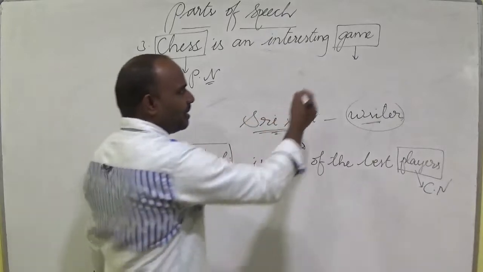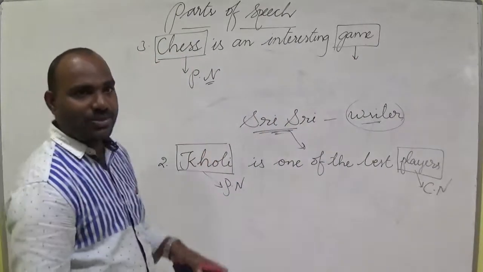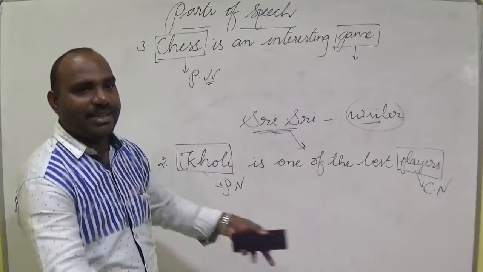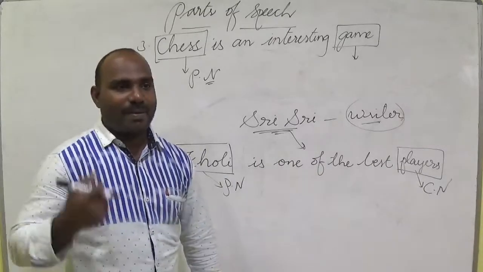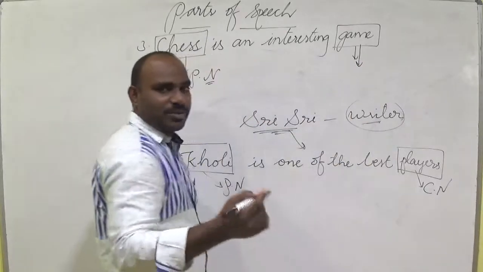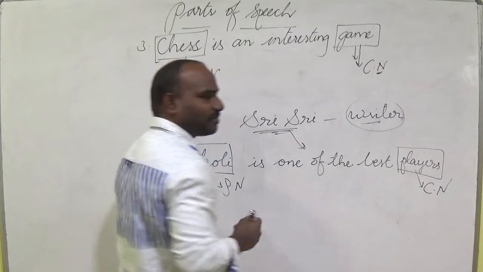And coming to this word game, you should not understand it like this: chess is the only game. You see, cricket is a game, chess is a game, carroms is a game, javelin throw, running. This is used in common for all the games and sports. So this is called common.